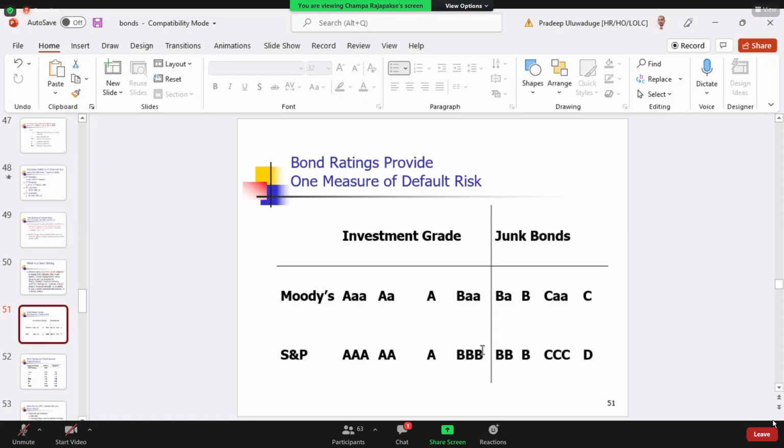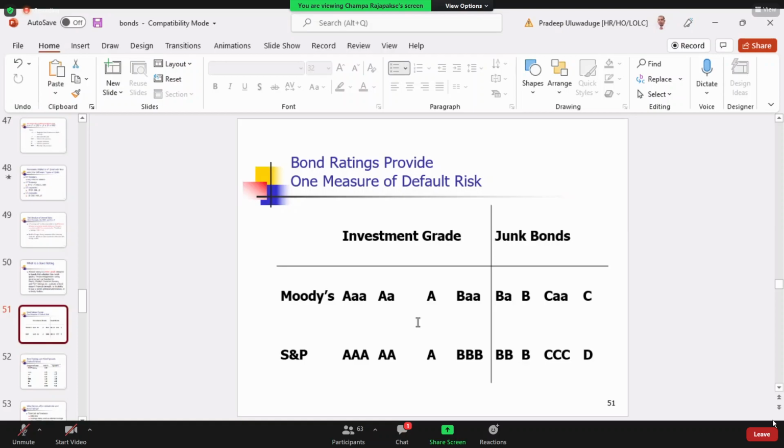Ratings down to BBB for S&P are considered investment grade, which implies less default risk. If it falls below that, they are called junk bonds, BB and lower for Standard and Poor's, which implies that they are highly risky.